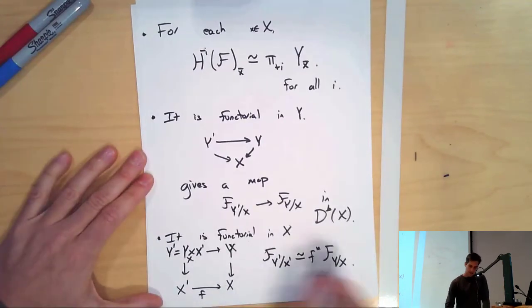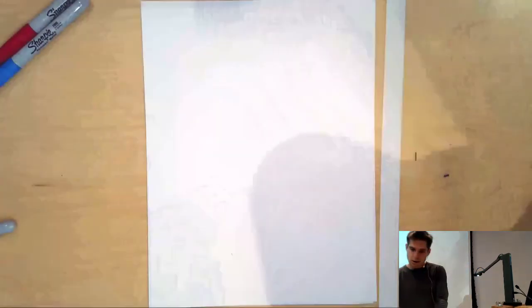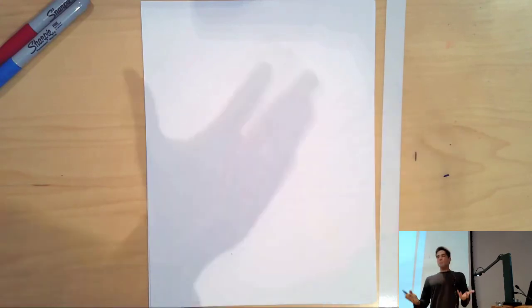I'm just saying that should be true not just on stalks, but globally. I haven't defined for you these sheaves, but I'll say something about the definition at the end. But let's just believe for most of this lecture that there is a natural construction with the features that I've described. So I want to use it.